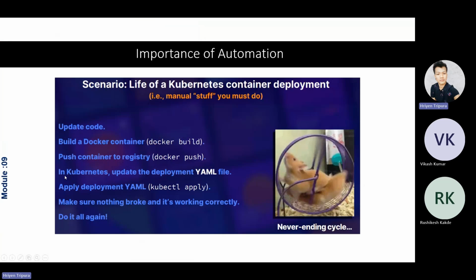Then third, in Kubernetes, update the deployment YAML file, because like I mentioned, a YAML file is required. You will write many configurations in your deployment configurations of your Kubernetes manifest, and also apply the YAML.